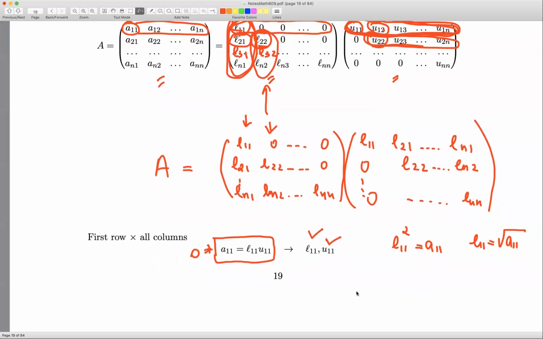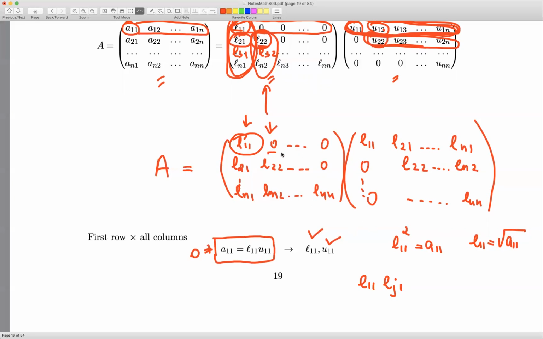And then if we go with the first row, now this way we will know this term. And now we multiply the first row with all the columns. So we will have L11 times, let's say, if you multiply by the jth column, it will be Lj1, because you won't have any more terms down because of the 0 here.